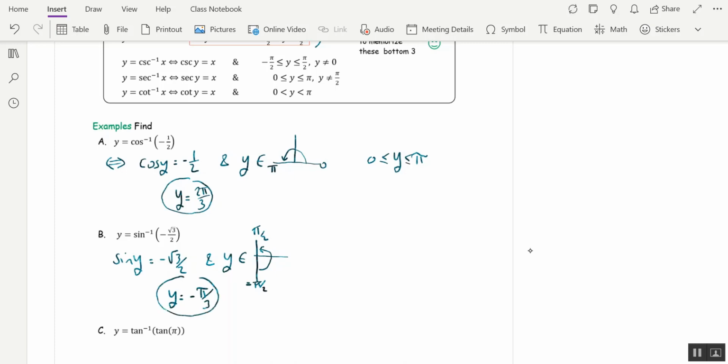And you might say, well, what about 5 pi over 3? That shares a terminal side with -pi over 3, and sine of 5 pi over 3 is indeed -√3 over 2. The problem is that 5 pi over 3 is not in the interval from -pi over 2 to pi over 2. So that would not be a valid answer.